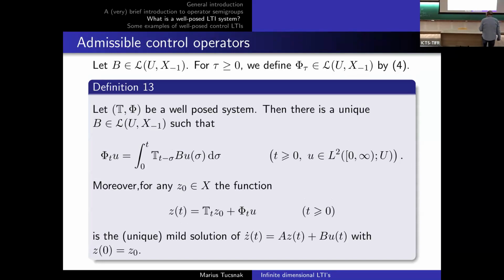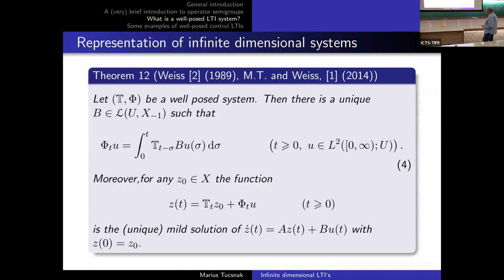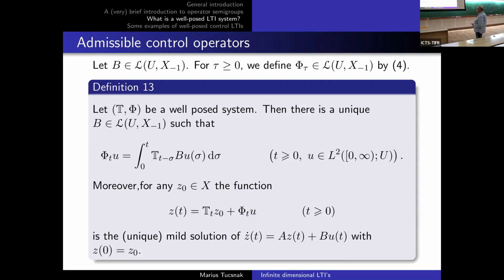Okay. So I will not comment on this proof. It's not very complicated. There is a reference of the original paper at the end of my presentation. And so we can ask now the question in the other sense. I have an A, which is a semigroup generator, and B with values in X minus 1. Then I should ask explicitly these quantities to take values in X to have a well-posed system.